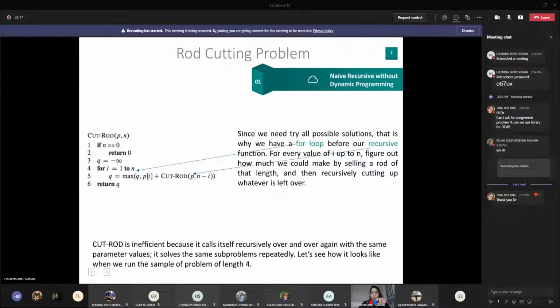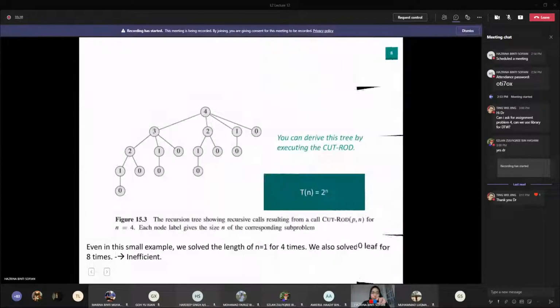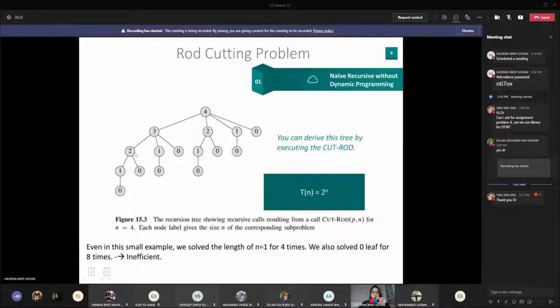Therefore, that is how we get n equivalent to 2. So we call recursively cut rod 2. This cut rod 2, the first iteration, i is still 1. Okay, so 2 minus 1 is 1. So this is how our n is 1. Then we call this, our n is 1, n minus 1 equivalent to 0.